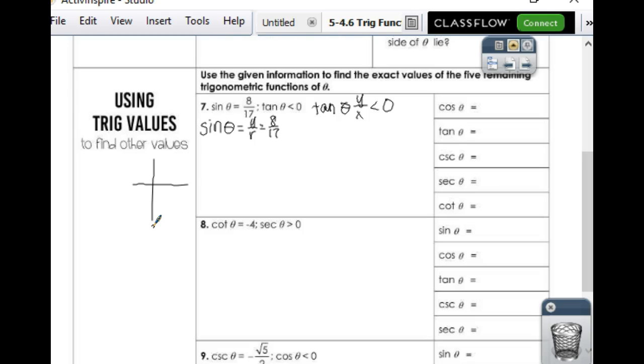It has to be positive. Okay, it's got to be 1 or 2, right? But the tangent is negative. So if y is positive, what has to be true about x? It's negative, so which quadrant does that put me in? The second, right?